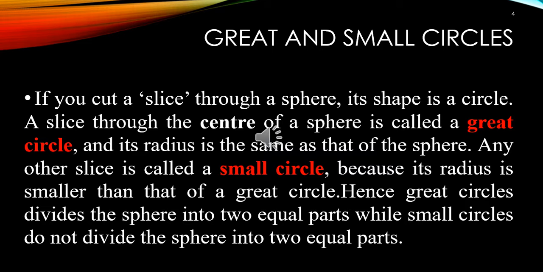Generally, we are talking about great and small circles, even as we go deep into the topic of longitudes and latitudes. For great circles, they are able to divide the sphere into two equal parts, but small circles do not.